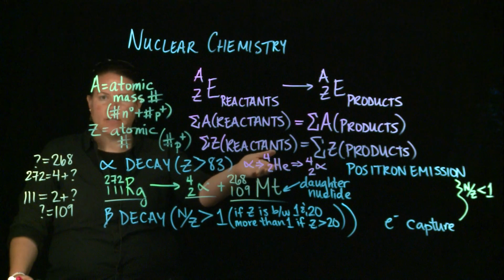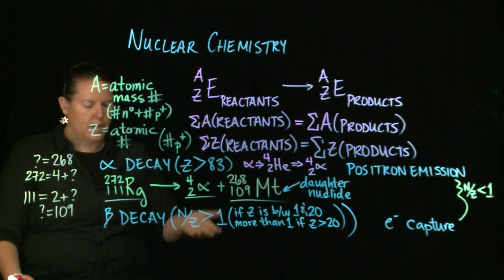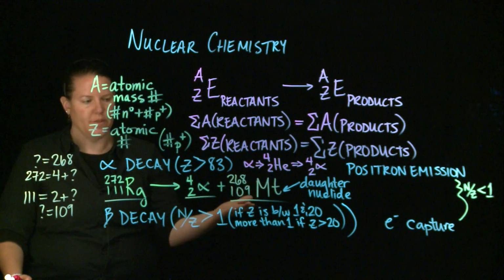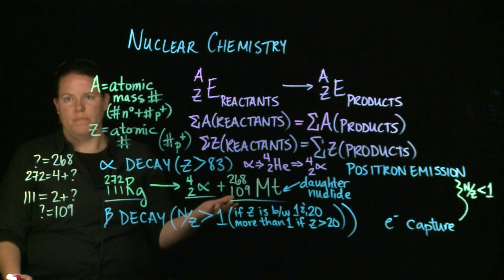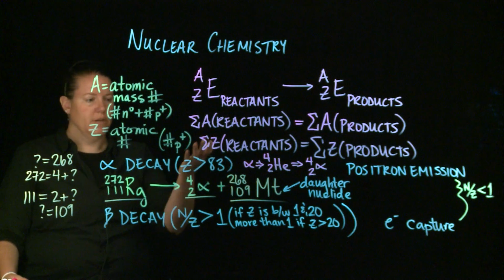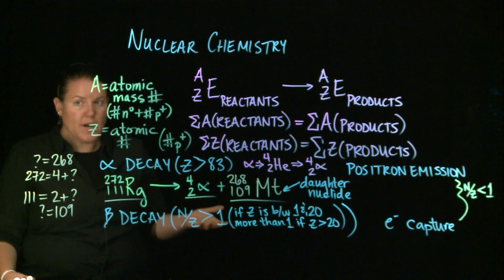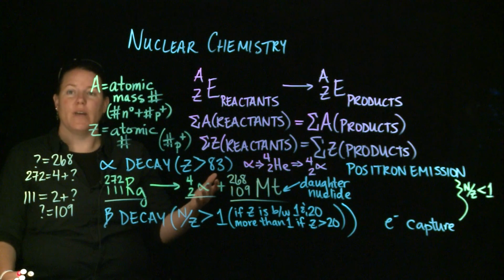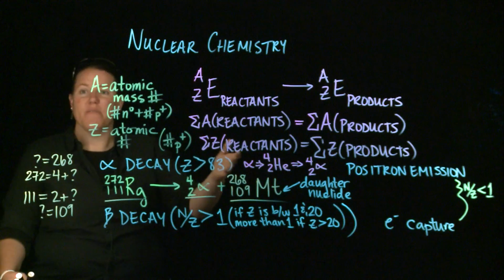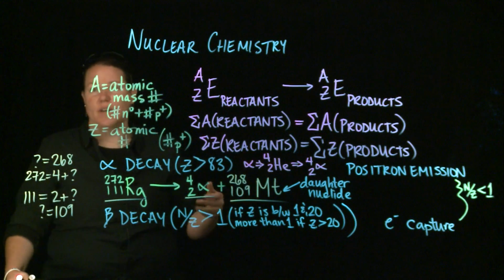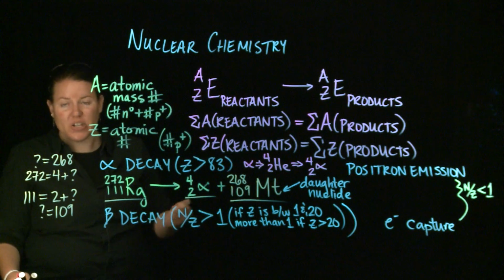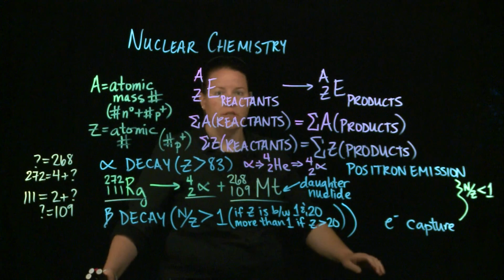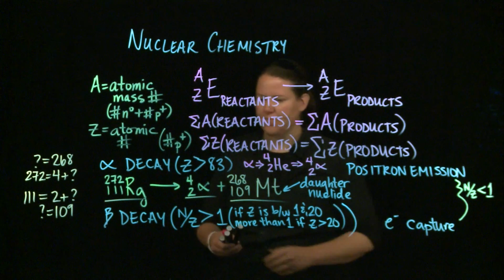Obviously meitnerium is unstable because its atomic number is still greater than 82 or 83. And so it will alpha decay as well, which is how we get nuclear reactions that happen one after the other and after the other, which is called a chain reaction, if you have ever heard that term. And that's what happens in nuclear facilities.